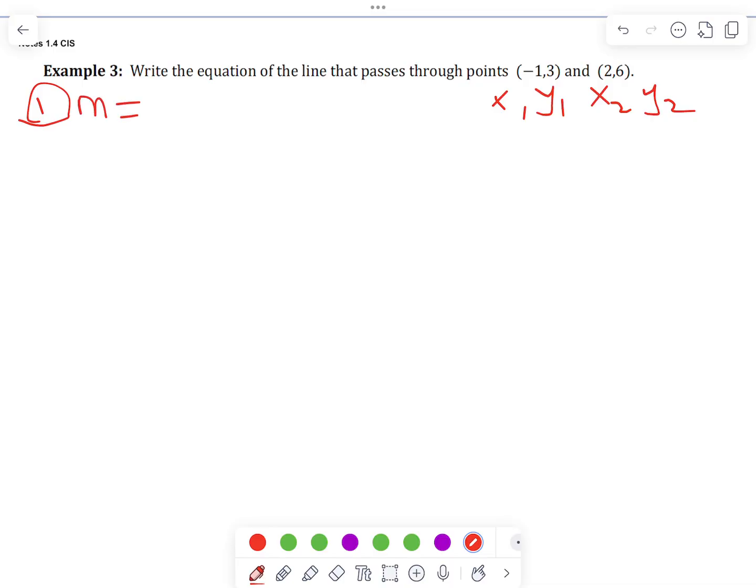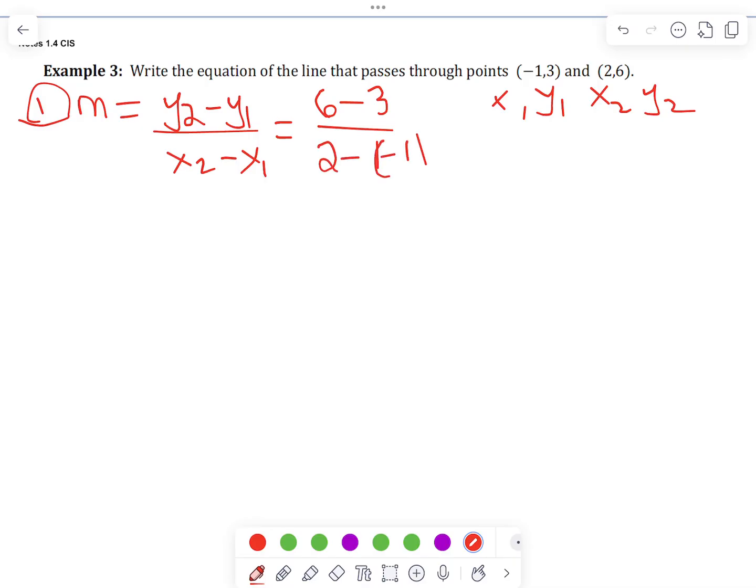So the slope equation is y sub 2 minus y sub 1 over x sub 2 minus x sub 1. So we're going to go ahead and substitute those points into our slope formula. So 6 minus 3 over 2 minus -1. And then when we reduce that, we get 1. So now we know the slope.